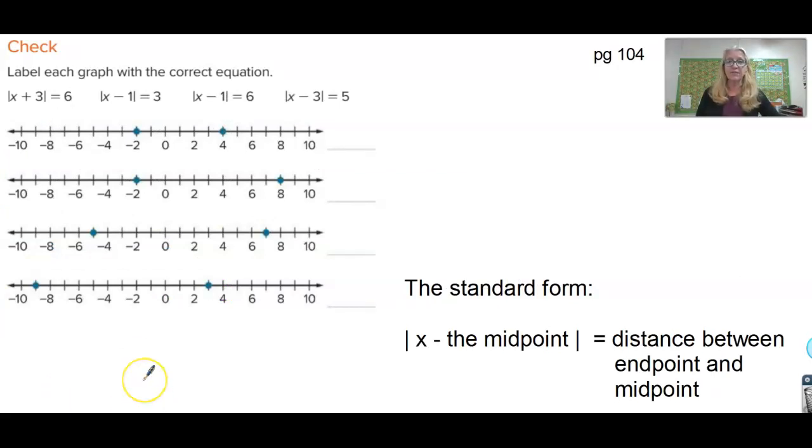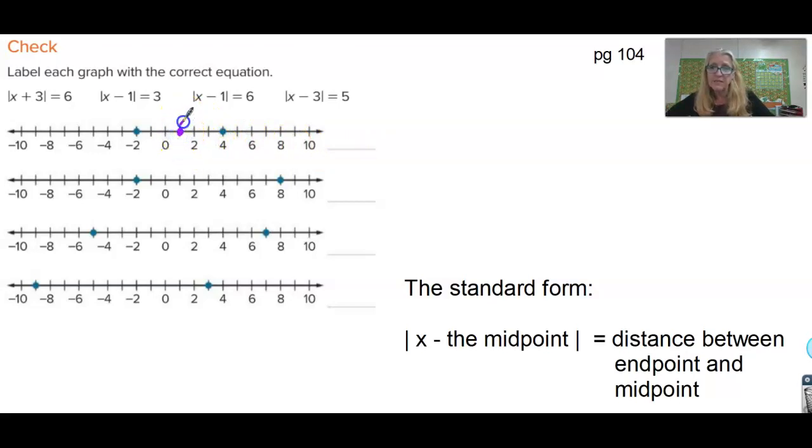Okay, so here they've given us several, and we need to match them up, okay? Well, remember that it's always x minus the midpoint. So look at these and ask yourself what the midpoint would be. Remember my little trick. A negative 2 and a positive 4 gives you 2. 2 divided by 2 is 1. The midpoint's going to be 1 on this one. So 1 is the midpoint.